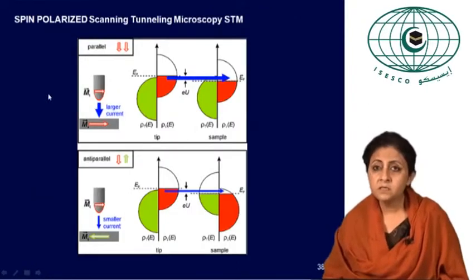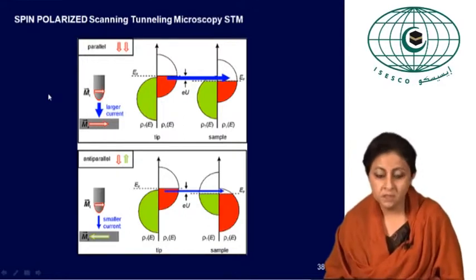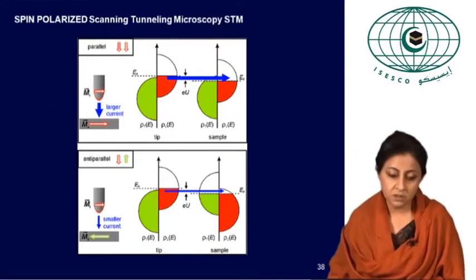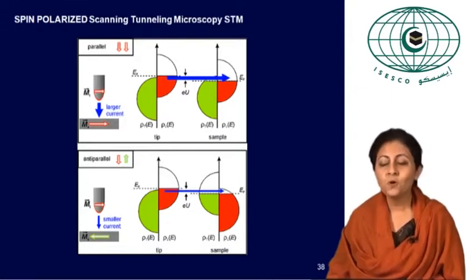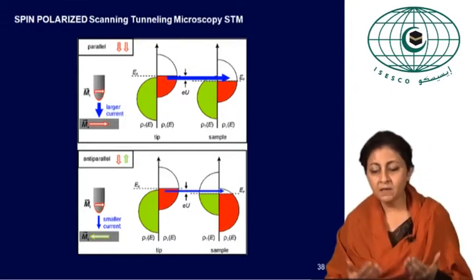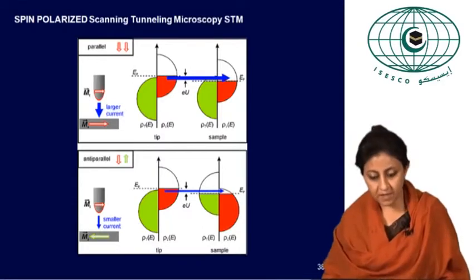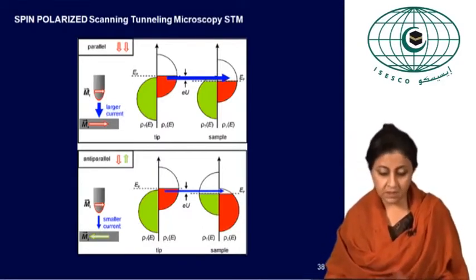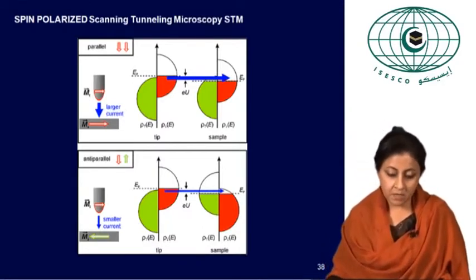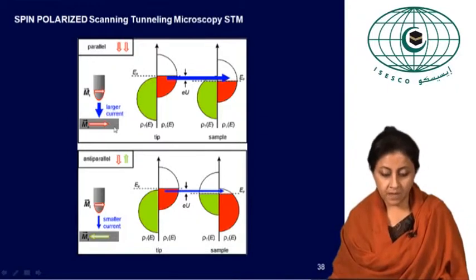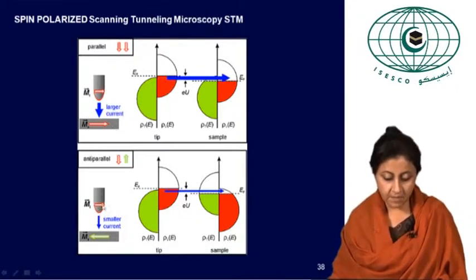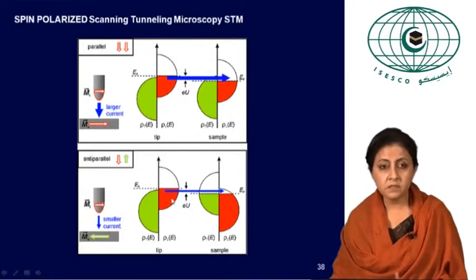We're talking about magnetism, so of course we are not just interested in scanning tunneling microscopy, we are interested in spin polarized scanning tunneling microscopy. This is basically just applying the concepts of spin polarized transport, which we looked at earlier, to STM. If the tip and the sample are magnetized in the same direction, there will be a large current, and if they are magnetized in opposite directions, then there is a small current.